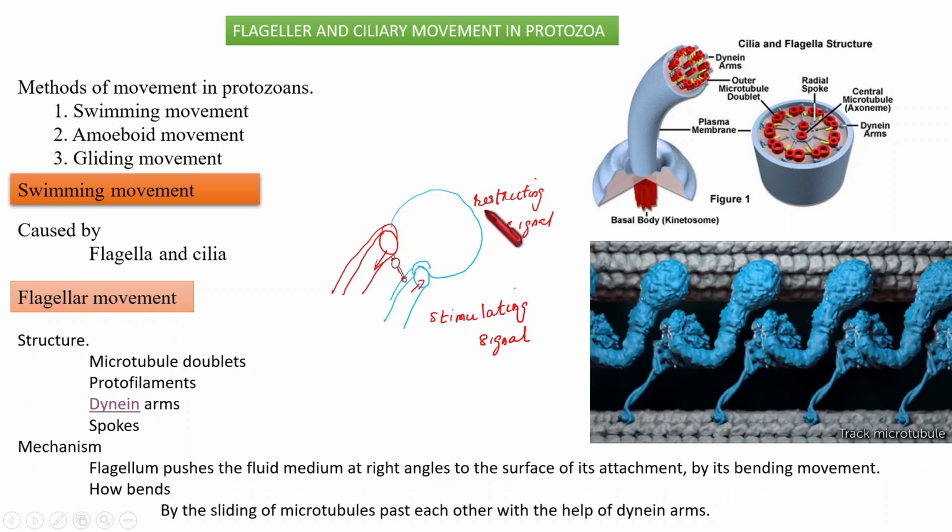Then this side can move and the other side cannot. So the direction of bending alternates, and because of that, a whipping-like movement takes place.